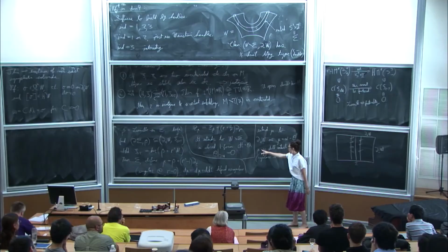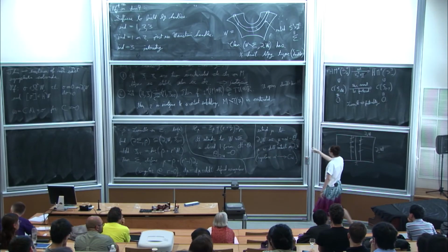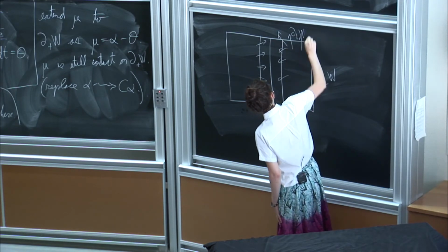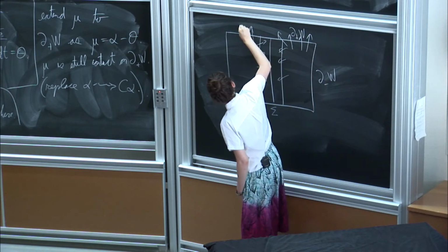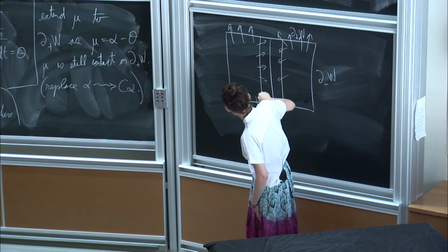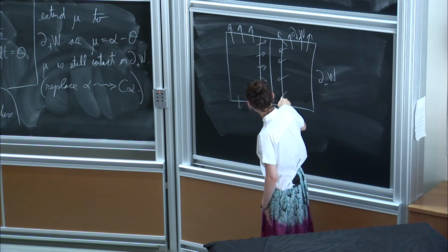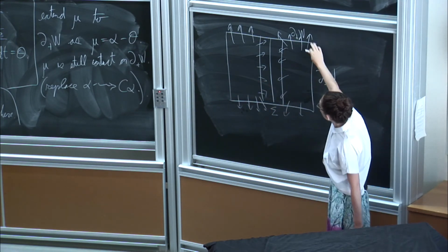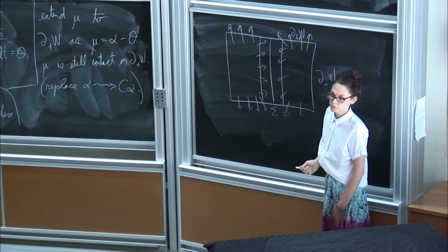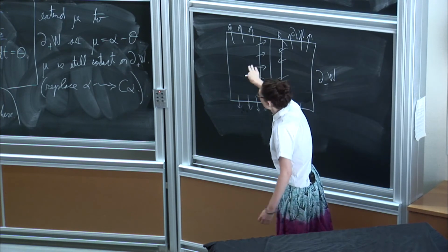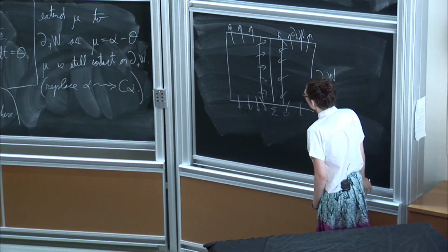And since this is still contact with the same sign, it's also going to be pointing outward through the positive boundary of W, right? And now everything that's left has half-dimensional homotopy type.